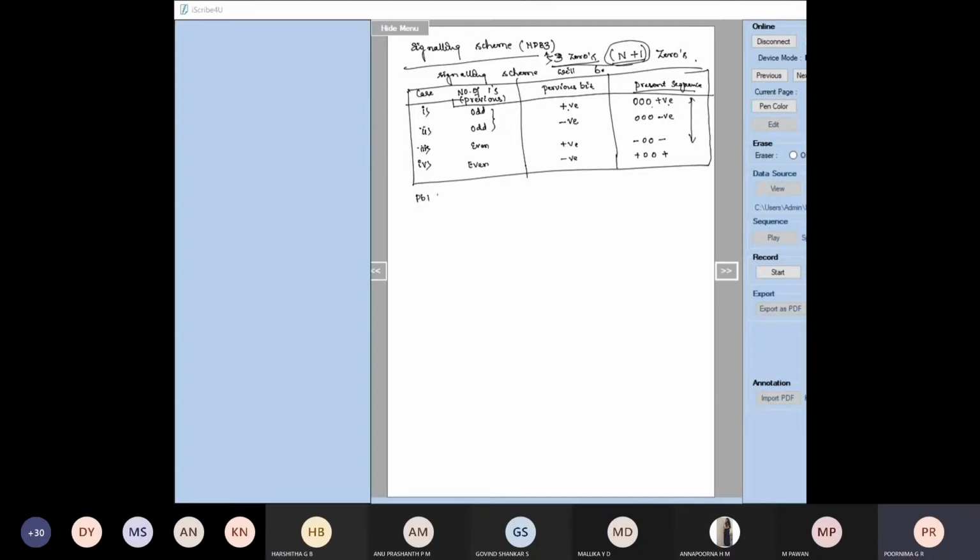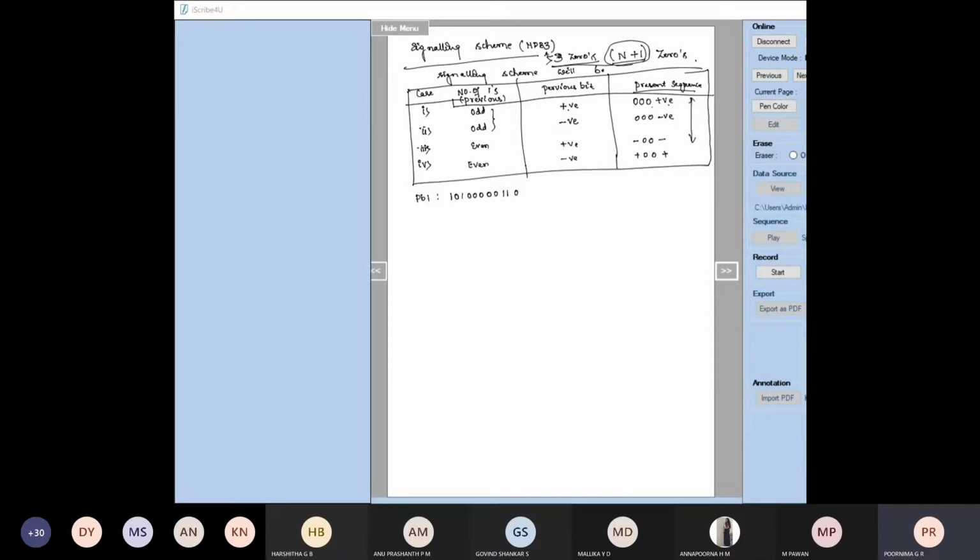For problem 1, let me take this coding pattern. Look at the sequence: 1, 0, 1, 0, 0, 0, 0. How many zeros are there? 5 zeros.